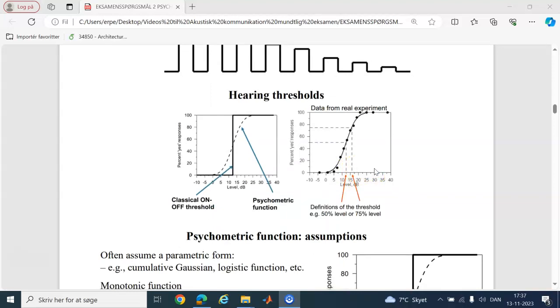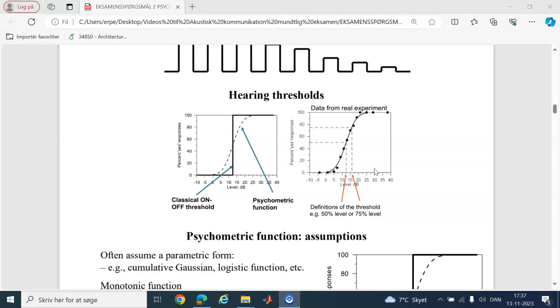We have some hearing threshold. We have the classical on-off threshold, the so-called psychometric function, and we want to find the level in dB where the percent is 50.